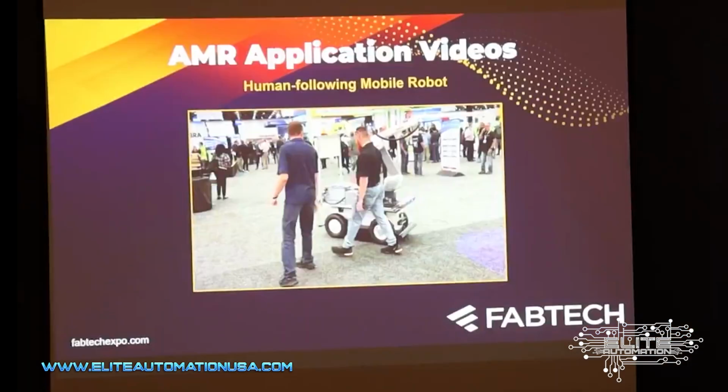Going back to some of the different features they have, this particular AMR has the follow me feature. This might be the game changer for you and your organization. What the follow me feature does is you press a button that indicates to the AMR that you want it to follow you. It's able to lock onto you, identify you only, and it won't follow any other person, nor will it get confused by any other person.